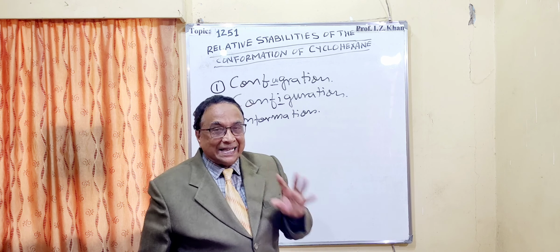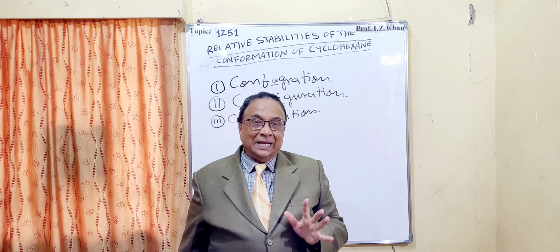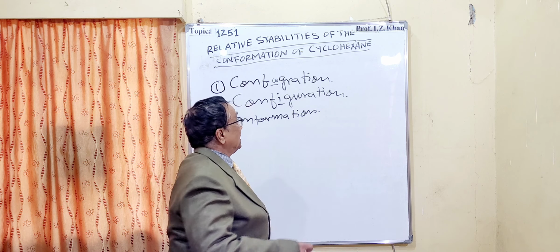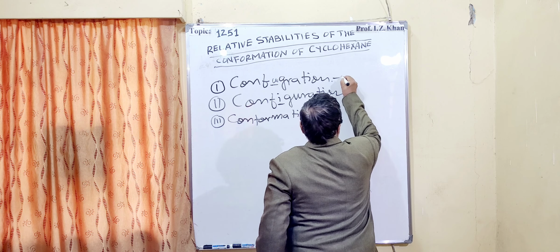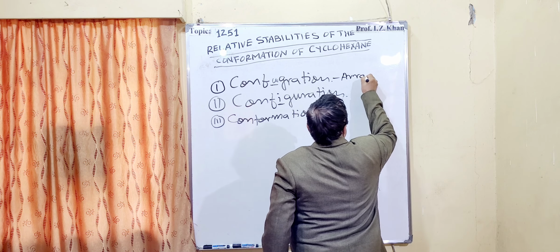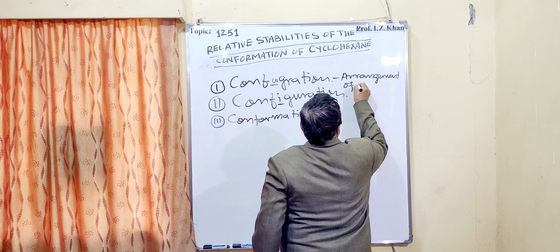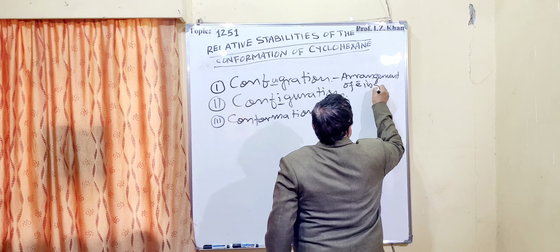In the case of the first one, electronic configuration means the arrangement of electrons within the subshell. So here it is the arrangement of electrons in subshell.